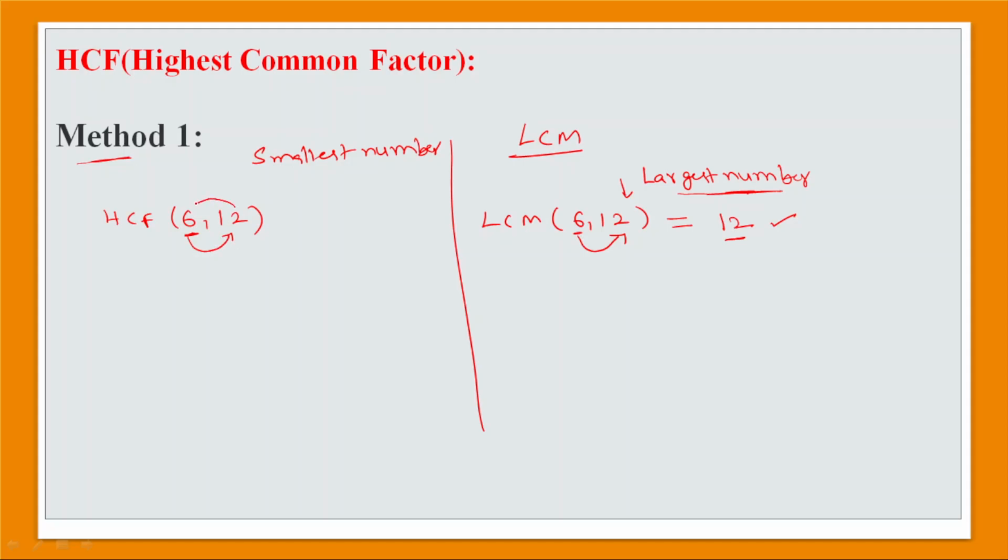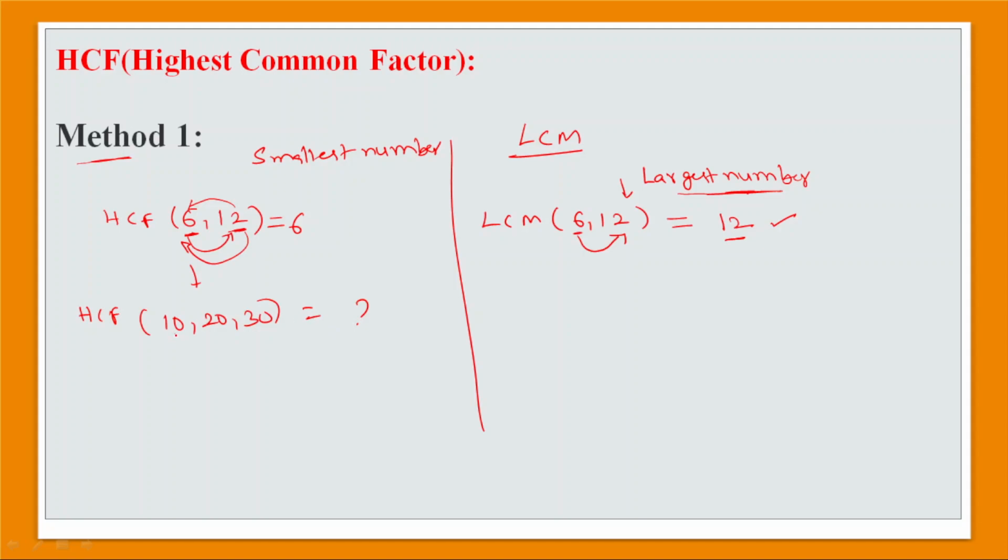Clearly 6 is a factor of 12 here, so directly my HCF will be 6. Let us also consider one more example: HCF of 10 comma 20 comma 30. So we need to say what the answer is.